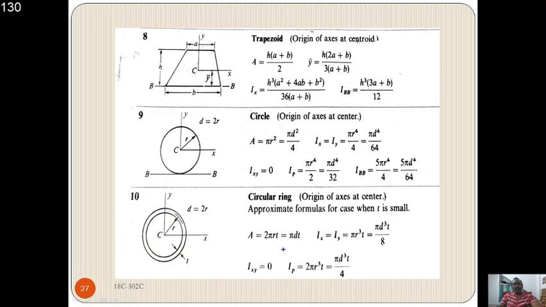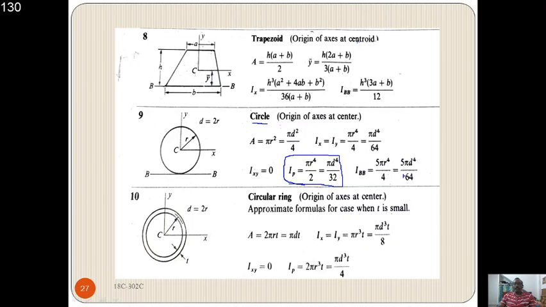Similarly for the trapezium case also, they directly give the areas, y bar, Ix and IBB values. So memorize this for the competitive exams. And for the circle also, they are mentioned here: Ix and Iy values and polar moment of inertia values.